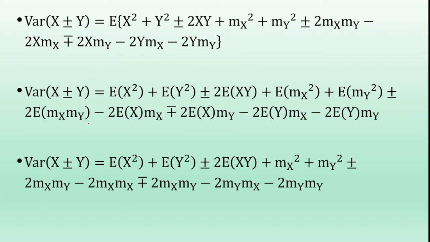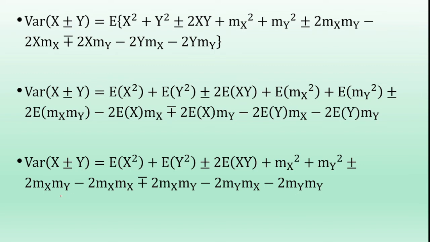Okay, mx my are constants, so expectation of mx my is mx my, minus. Expectation of x is also denoted as m suffix x, and expectation of y is also denoted as m suffix y.